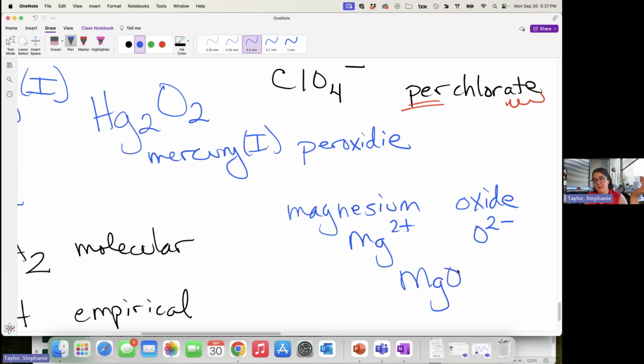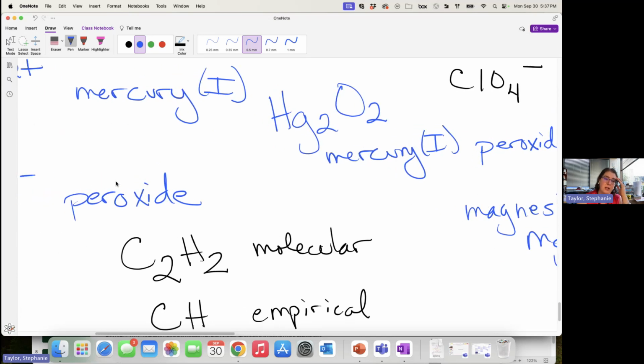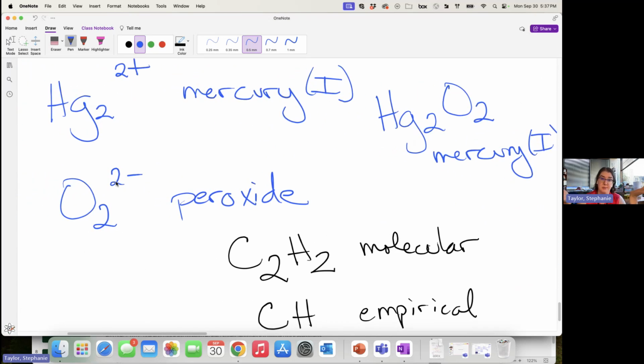And I would absolutely just put MgO for that because they both have the same charge. But whenever you're dealing with peroxide or mercury 1, if you're writing that from scratch, you do have to keep the subscript in there. So hopefully that answers that question. If we're asking about molecular versus empirical, just do it.